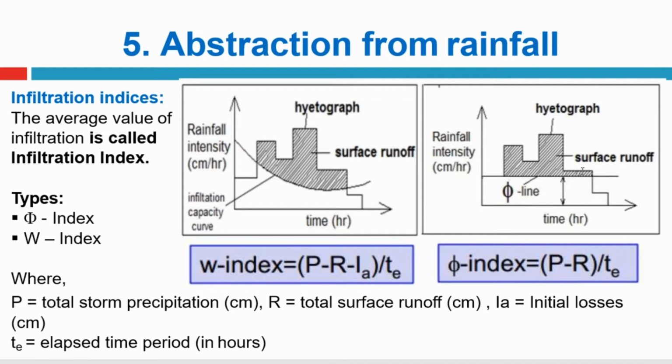If I deduct this infiltration from the hyetograph, whatever is left over represents the excess rainfall or runoff. Excess rainfall is equivalent to surface runoff. This is how we can calculate the runoff. This is one of the methods.